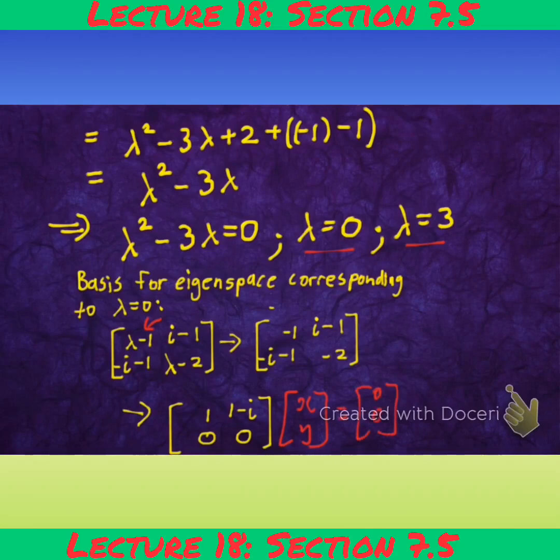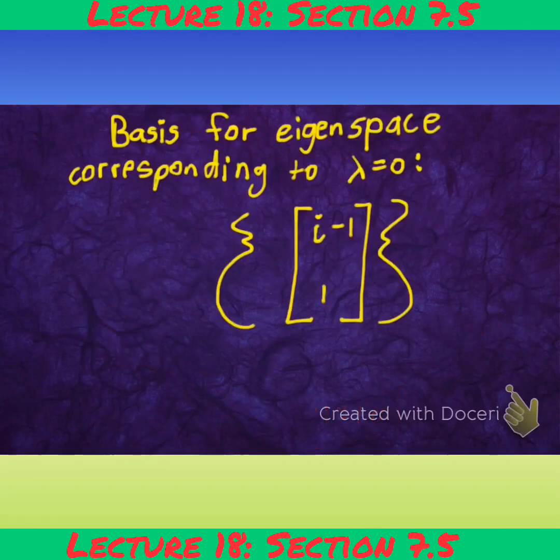Basically that corresponds to this linear system. And we can parameterize y as a complex scalar. Right, so the basis for the eigenspace corresponding to lambda equals 0 can be established as this vector here.